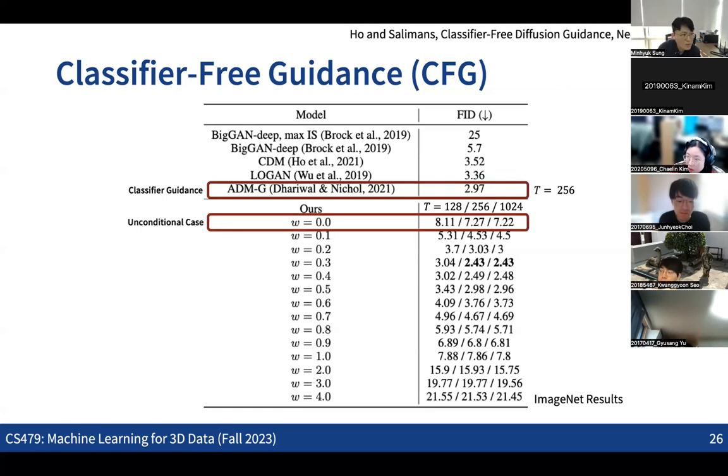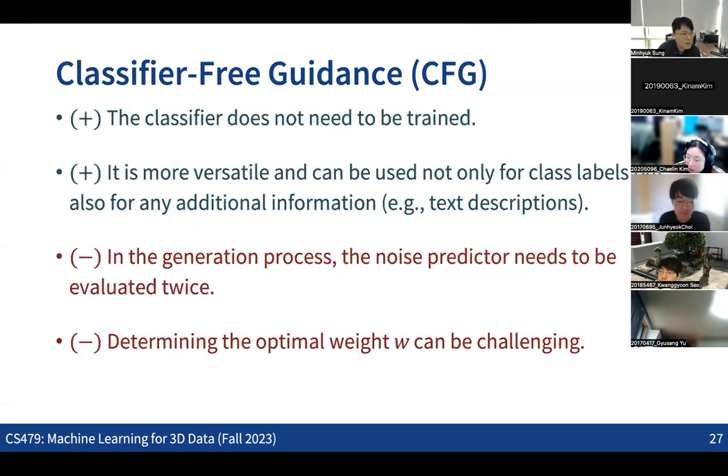The pros and cons of classifier-free guidance: it is a very general idea in that you can feed any kind of extra information. It doesn't need to be class labels, it can be any information associated with the data that you are generating.